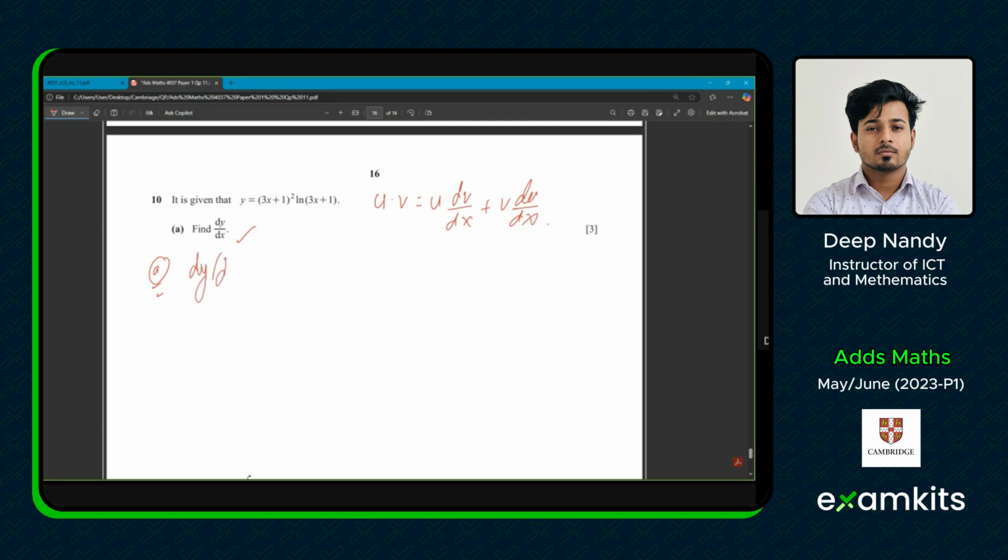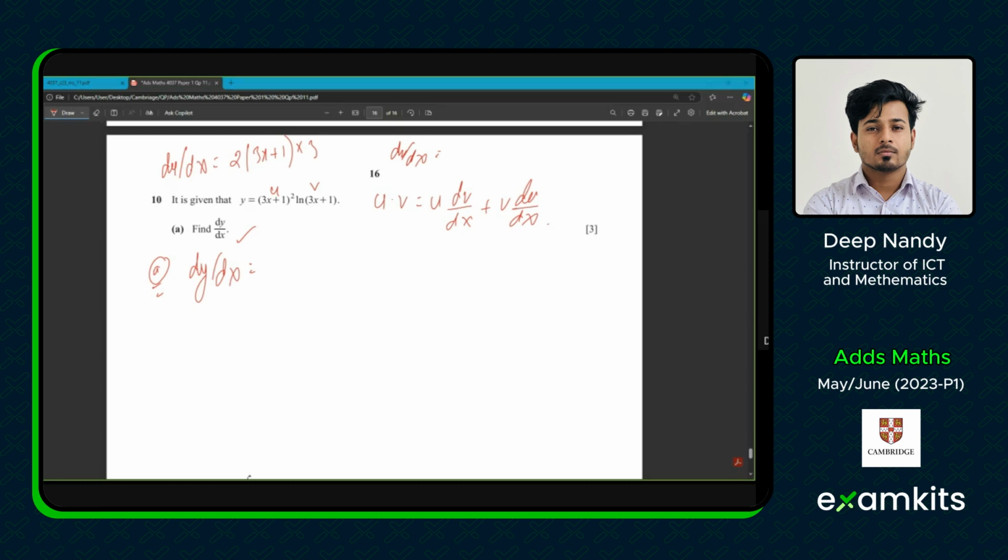So for u, du/dx equals 2(3x+1) times 3, and dv/dx equals this, ln(3x+1).